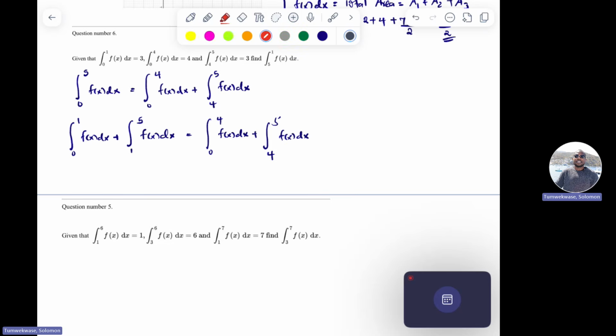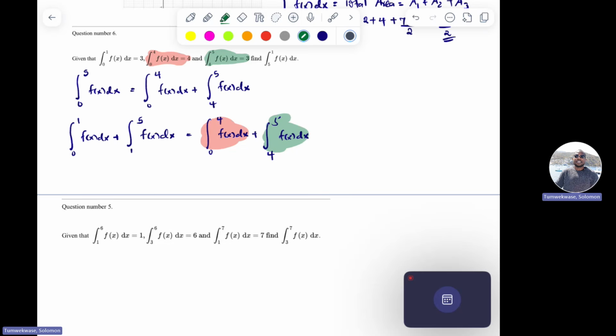Okay, so maybe let me carry up this thing. So 0 to 4 is right here. So we shall substitute it right there. 4 to 5 is right there in green. 4 to 5 is right there.